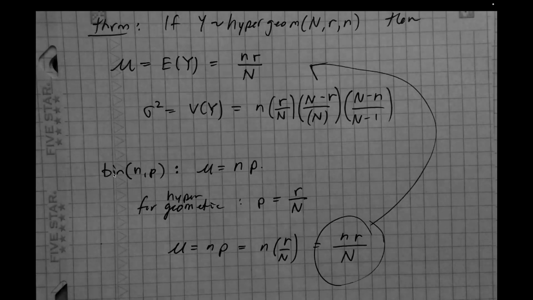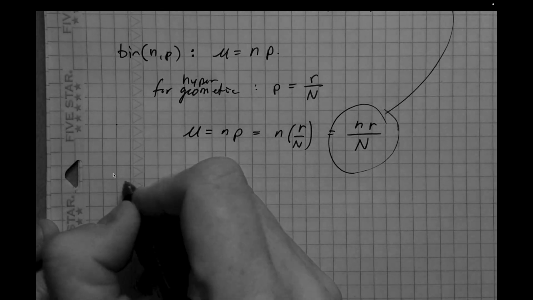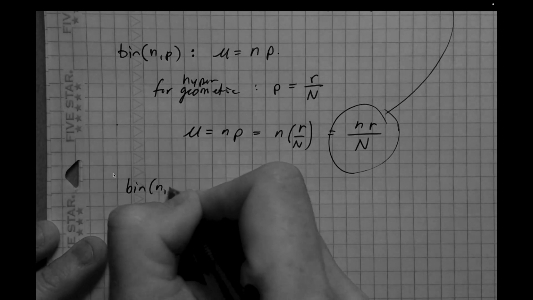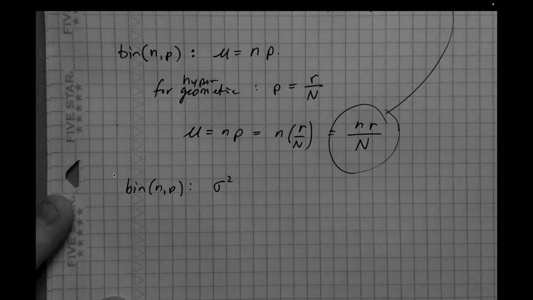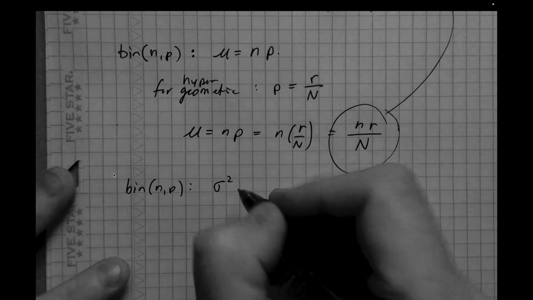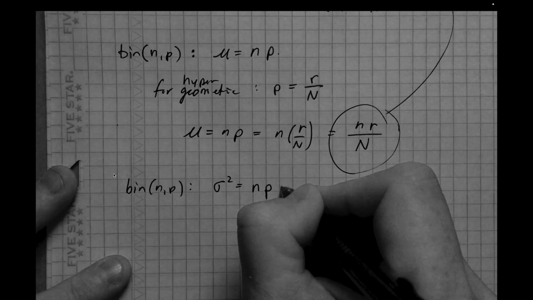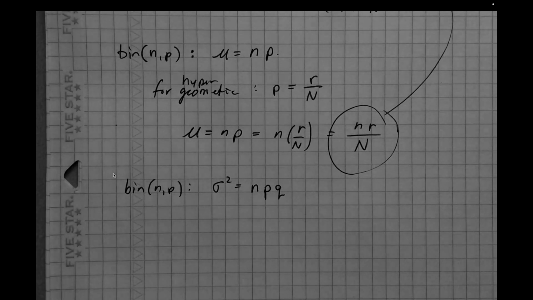Now, what about the variance? Do we get the same kind of thing? Well, let's think about the binomial n, p. What was the variance? The variance was n times p times q, recall. So n, the number of trials, times the probability of success times the probability of failure.